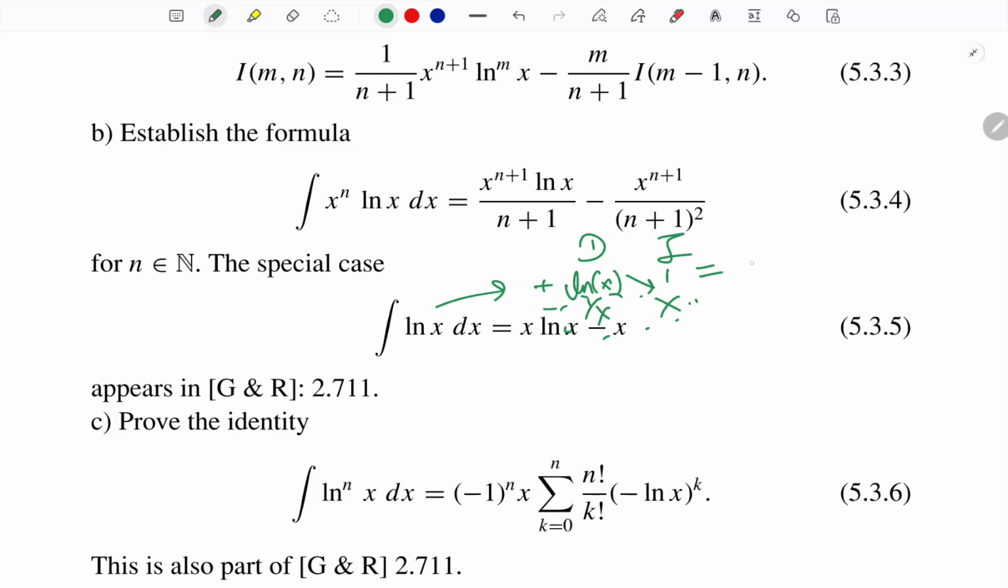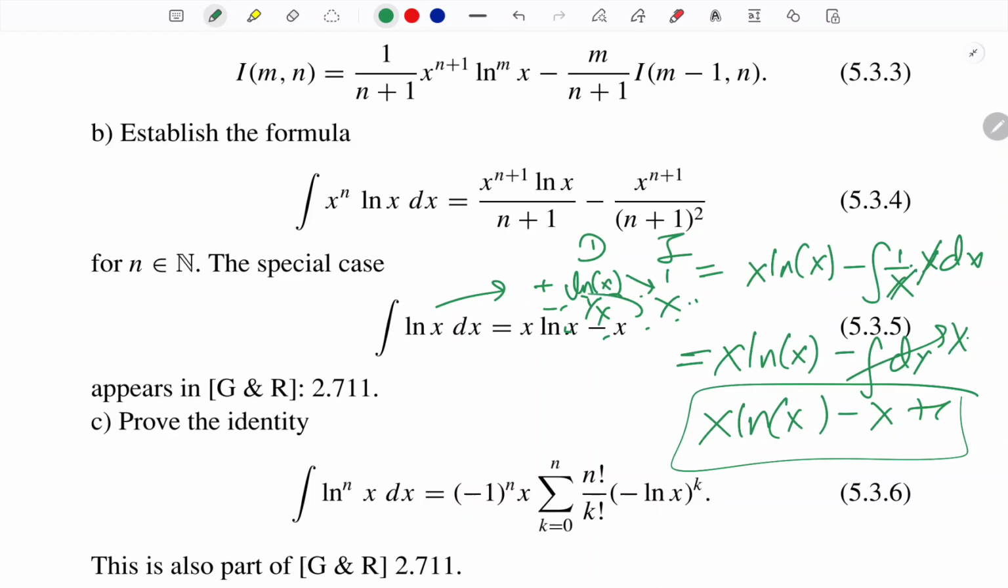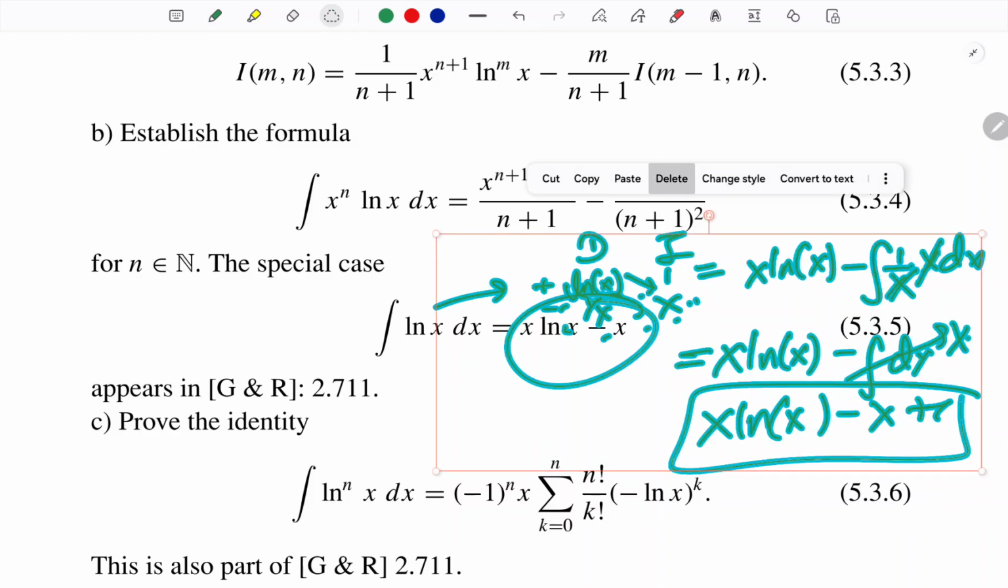So it's going to be x ln x minus the integral of 1 over x times x dx. The x cancels out, leaving x ln x minus the integral of dx, which is just x. So we have evaluated this as x ln x minus x plus c. This is easy to evaluate. Just use integration by parts.